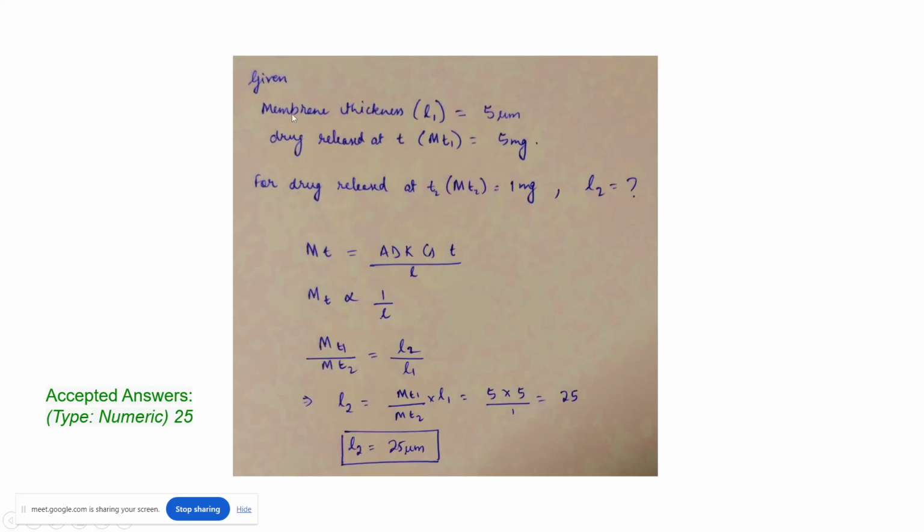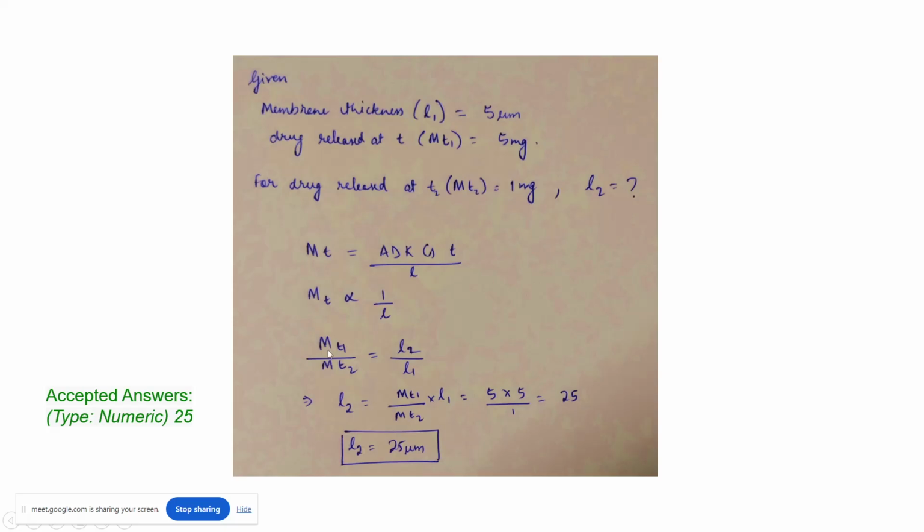We have initial membrane thickness 5 micrometers and drug released at time t equals 5 mg. Drug release is directly proportional to t by L, so you can directly relate it to thickness.